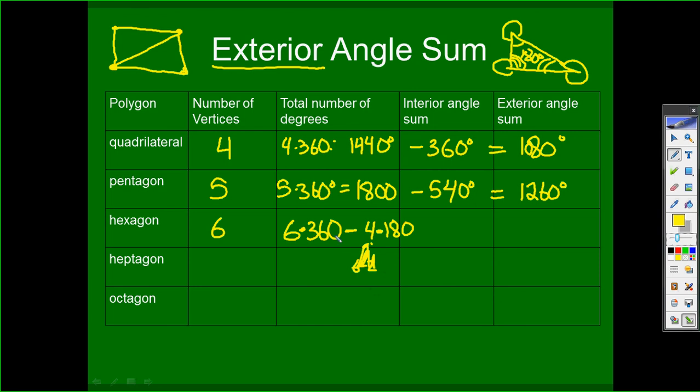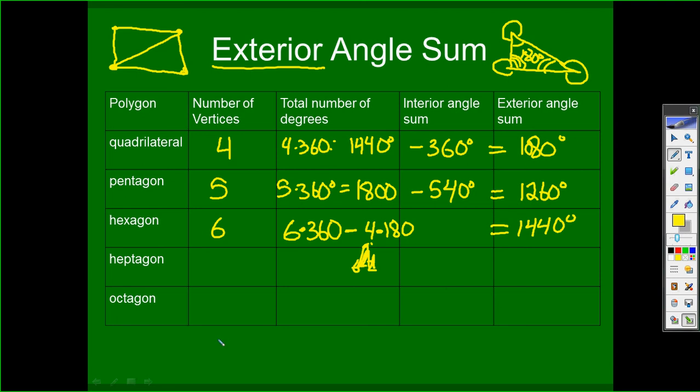And when I do this, 6 times 360 minus 4 times 180, 6 times 360 minus 720 equals 1440. And you could go ahead and fill in the rest of this.